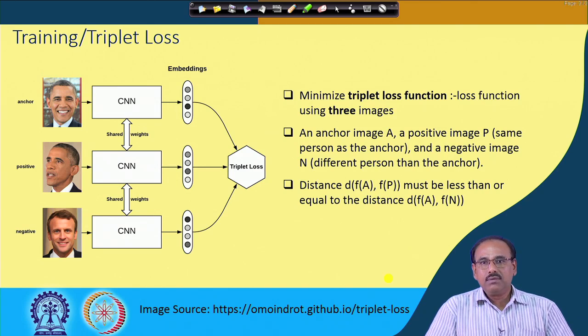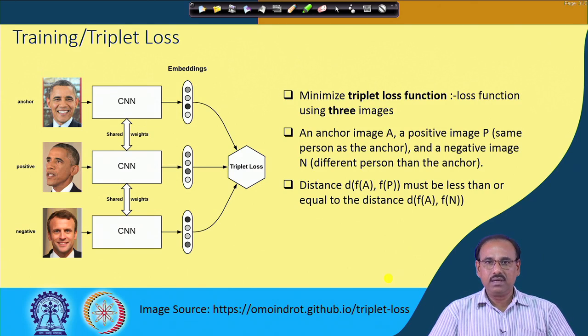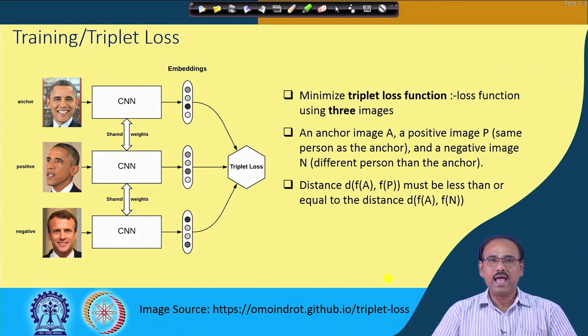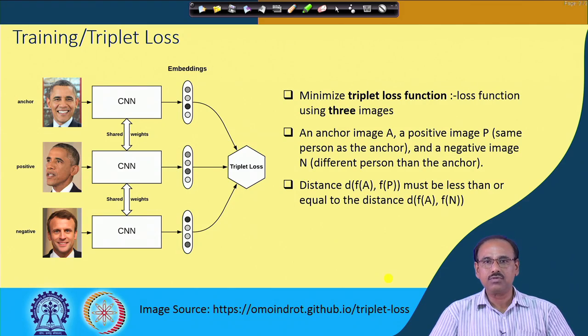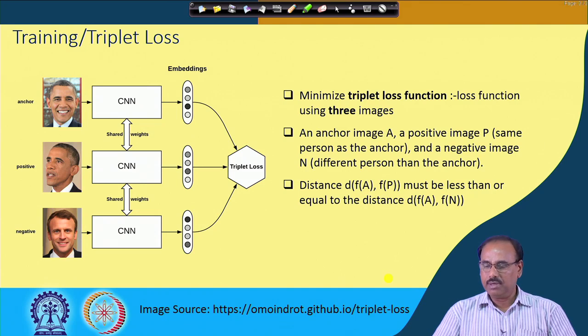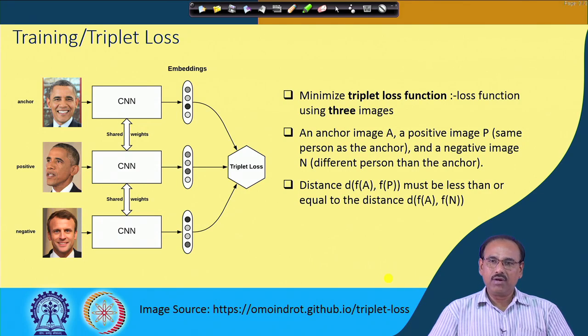The loss function defined in this FaceNet is what is known as a triplet loss, and that is used for the training purpose. The triplet loss function actually makes use of three images. One is the anchor image.